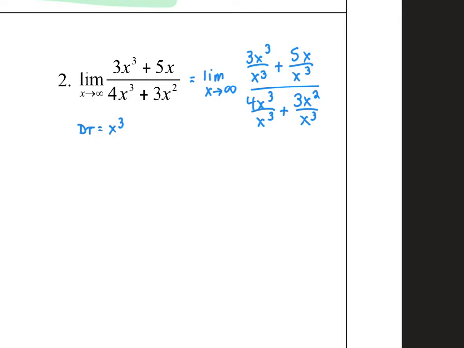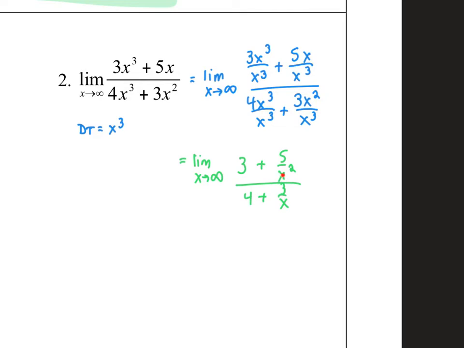So I'm going to take each one of these terms. Limit as x goes to infinity. That first term here is just going to be 3 plus 5 over x squared over 4 plus 3 over x. And now I know that x is getting bigger and bigger and bigger.